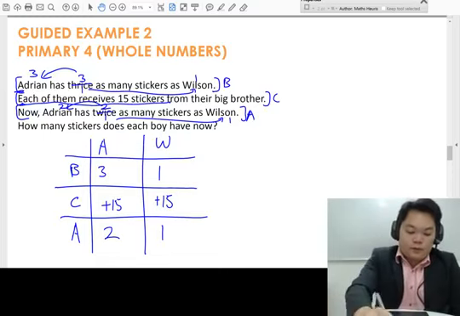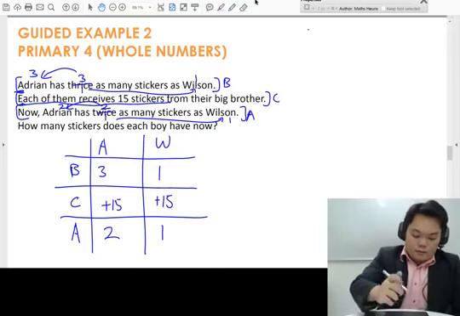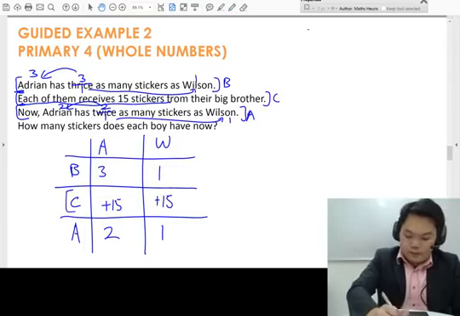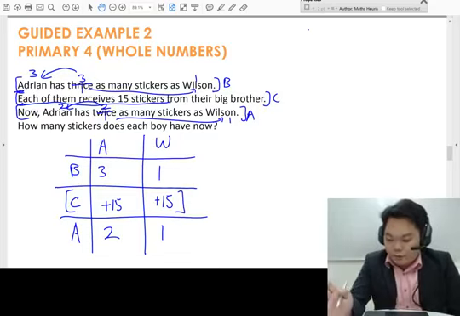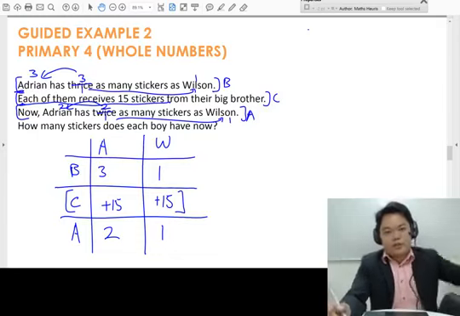Once we've done that, we can see that inside the change row, we have the same number with the same signs. Therefore, the difference remains unchanged and we can compare them.